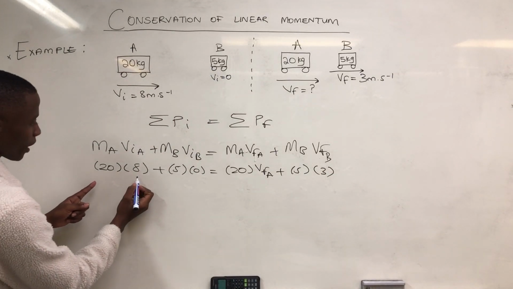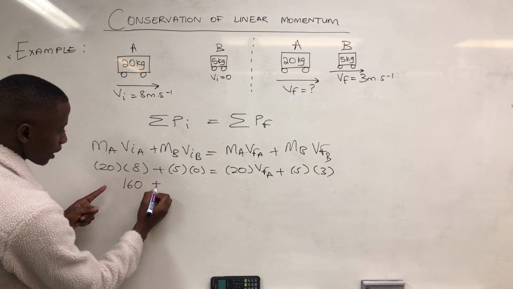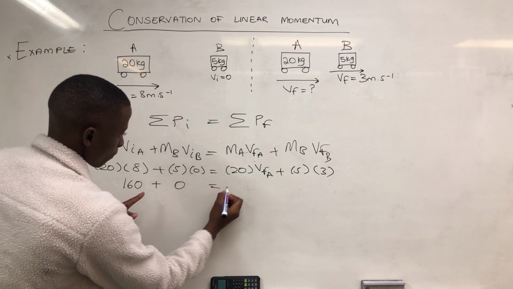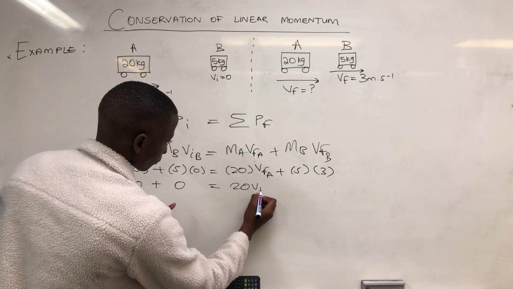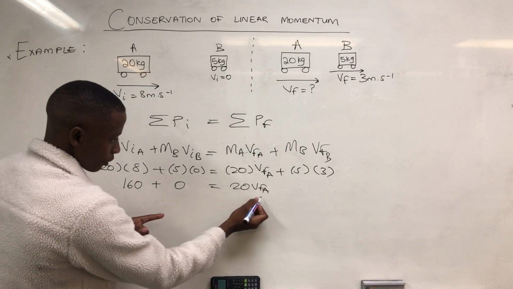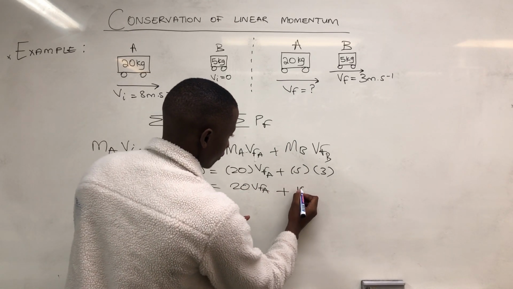So 20 multiplied by 8 is 160, plus 5 multiplied by 0 is 0, equals 20 VFA, the final velocity of A, plus 15.